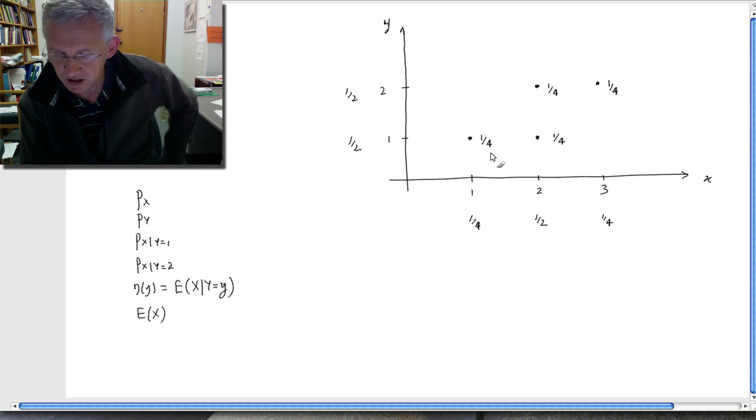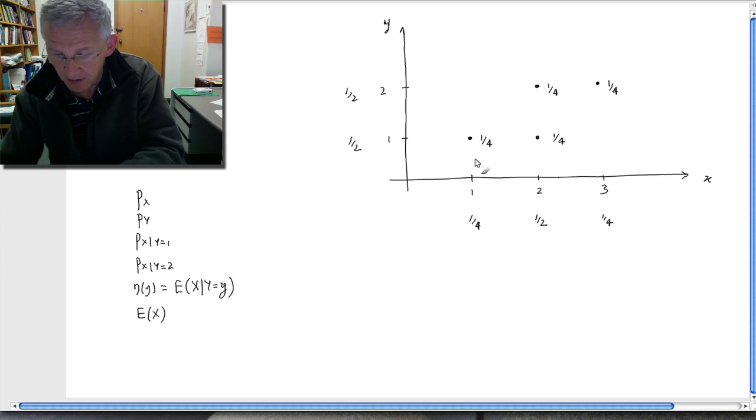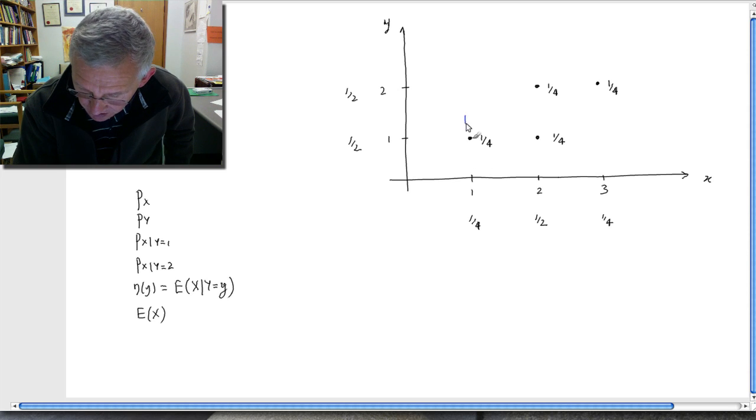But the best way to think about it is this. If I fix y to be 1, x has to be 1 or 2. The original joint probabilities were equal, so x will be equally likely to be 1 or 2, so the probabilities have to rescale to be 1/2. And I'll just write this in here in blue.